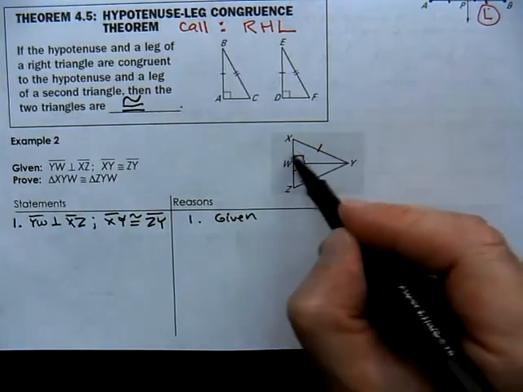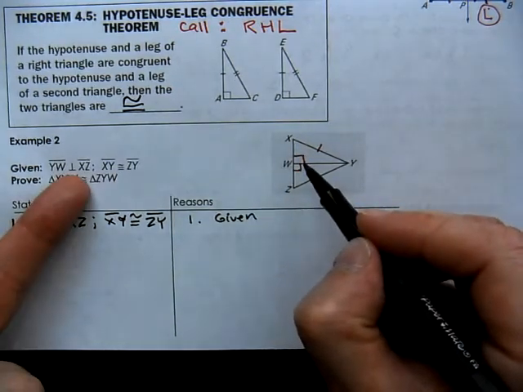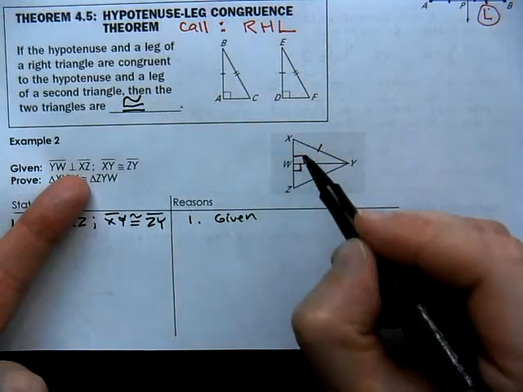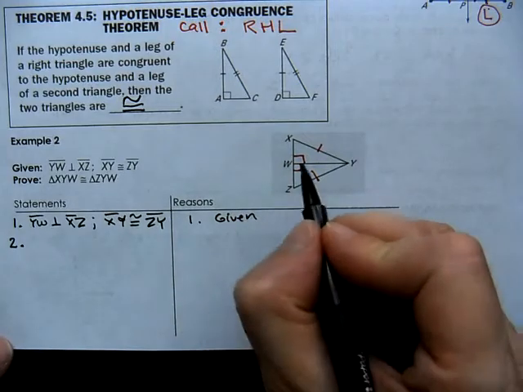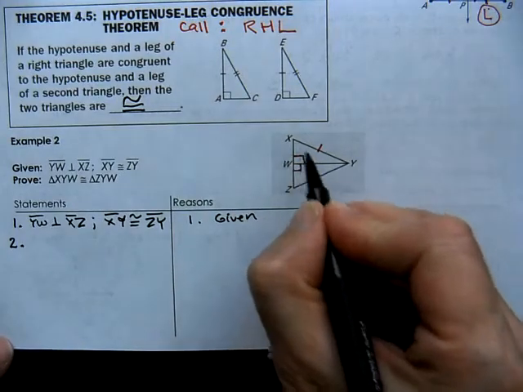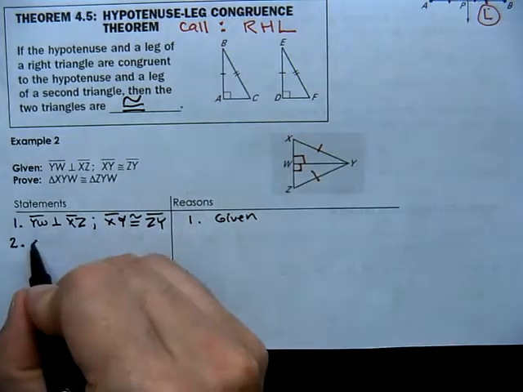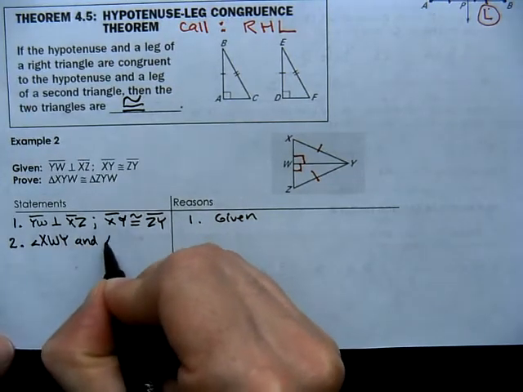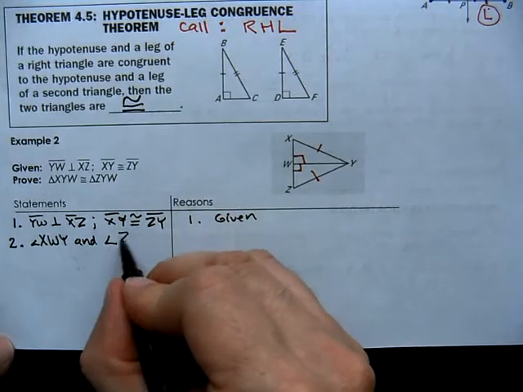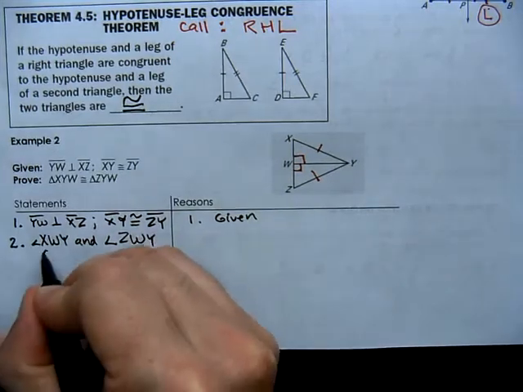Now I've already marked the right angles here, but perpendicular lines always form right angles, so we've marked it, we have to name it. So here on line 2, we're just declaring that these angles are right angles. So angle XWY and angle ZWY are right angles.